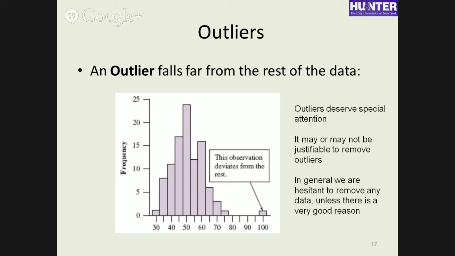It may or may not be justifiable to remove it. If you can determine for sure that you understand why it's an outlier and it's not for a reason that's relevant to your research question, then you want to remove it. But it might actually be a part of your population distribution, and you might be skewing your analysis by removing outliers because they're actually a part of the population.